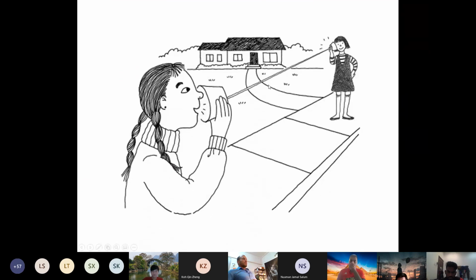If you remember, in the past the kids used to play this game. They create a phone with paper cups and a string. Using paper cups, it can work well. And as you can see, there is a wire. So why is there a wire? Because in acoustics, as we mentioned, there should always be a medium.